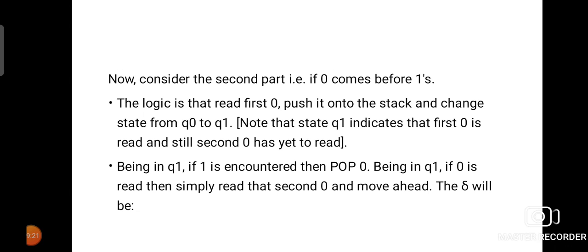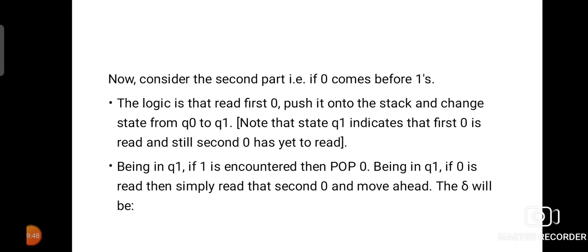The second case is if 0 comes before ones. Here the logic is that when the system reads the first 0, push the 0 onto the stack and change the state from q0 to q1. That is, the state q1 indicates that the first 0 is read and the second 0 has yet to be read.